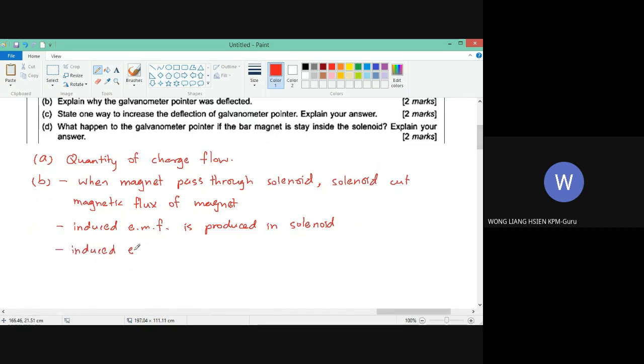Induced EMF drives charge to flow in the solenoid. So this is the complete explanation.